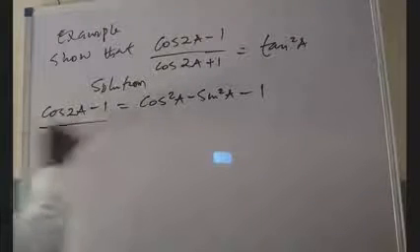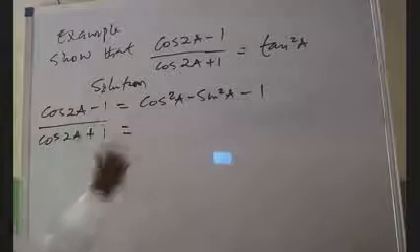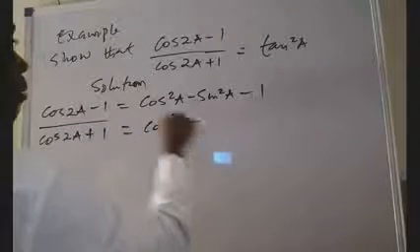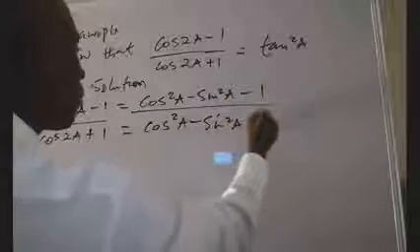This is over cos 2a plus 1, which is equal to cos square a minus sine square a plus 1.